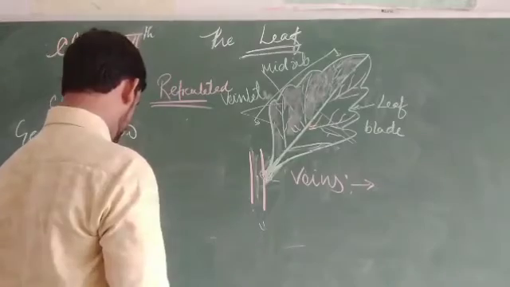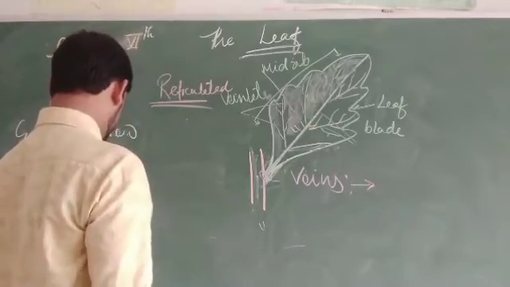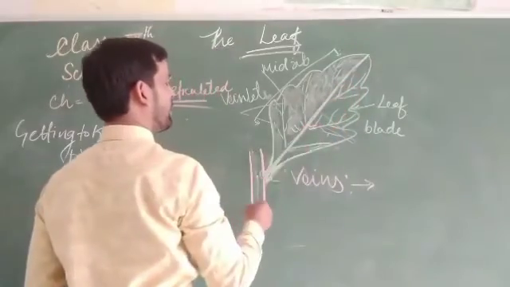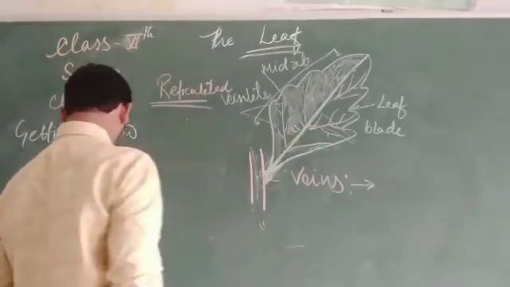The thin vein in the middle of the leaf is called the midrib. This one is the midrib.